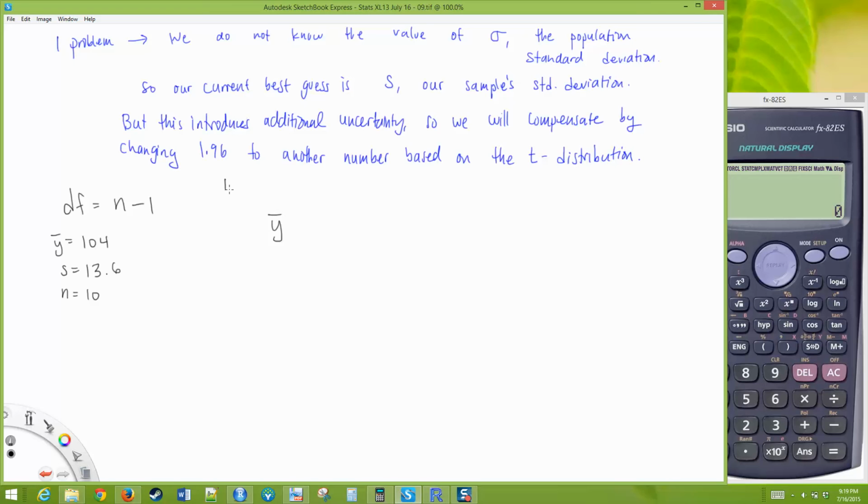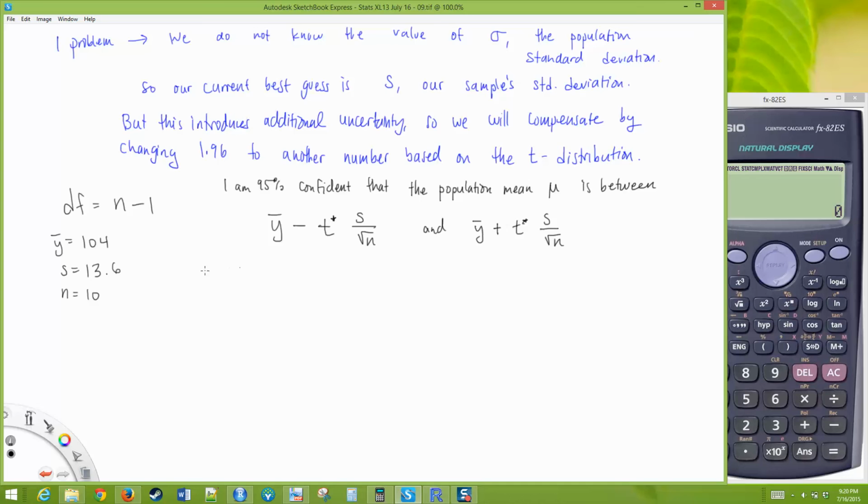I'm going to say I am 95% confident that the population mean mu is between y bar minus, and I'm going to just put in a placeholder, t star, meaning this number comes from the t table, and we're going to do s over the square root of n, and y bar plus t star times s over the square root of n.